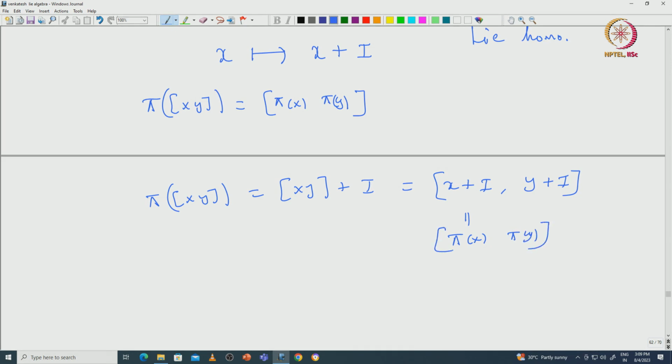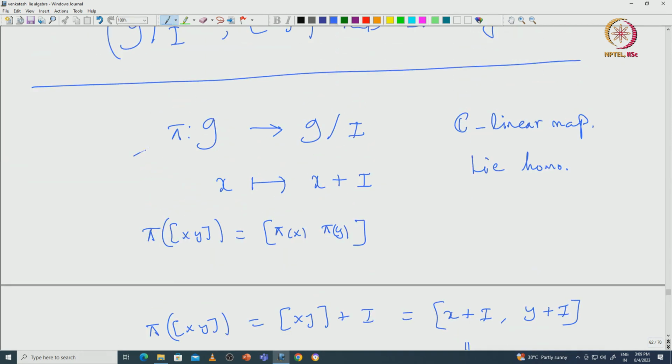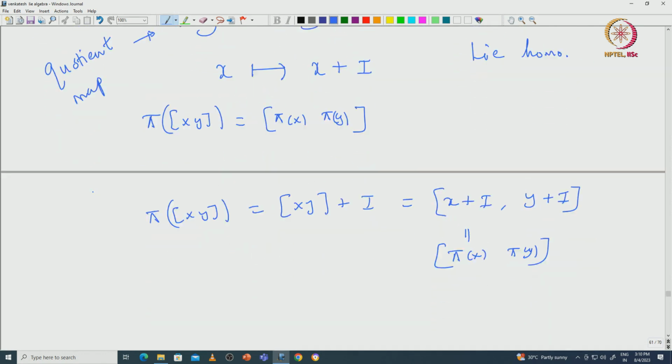That way you verify that this natural quotient map is naturally a Lie homomorphism.